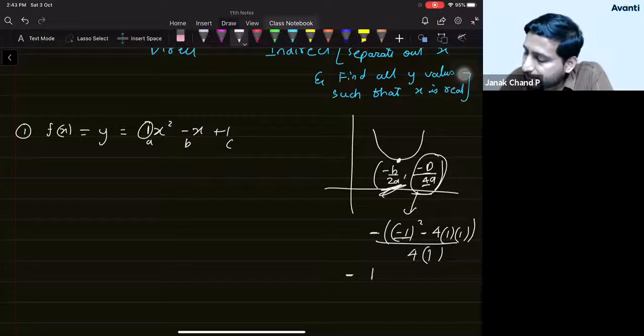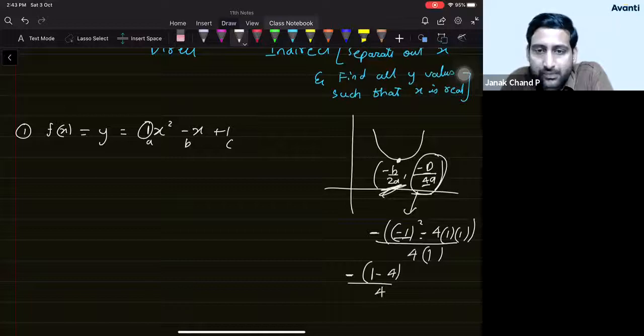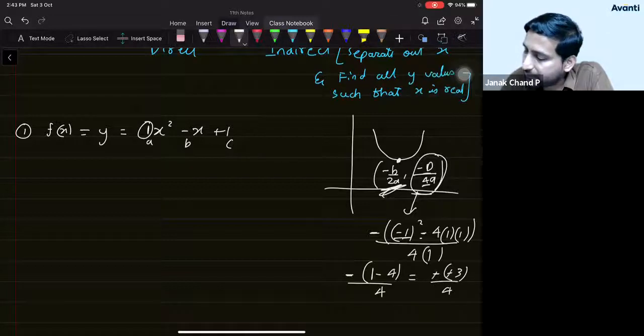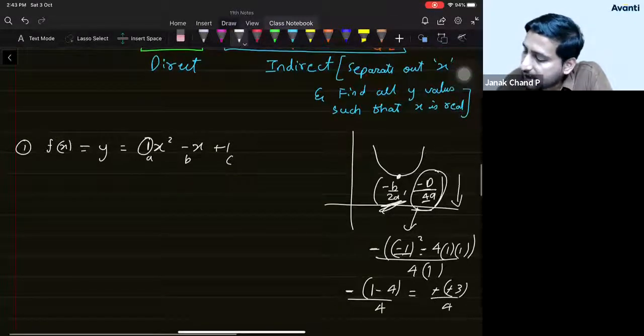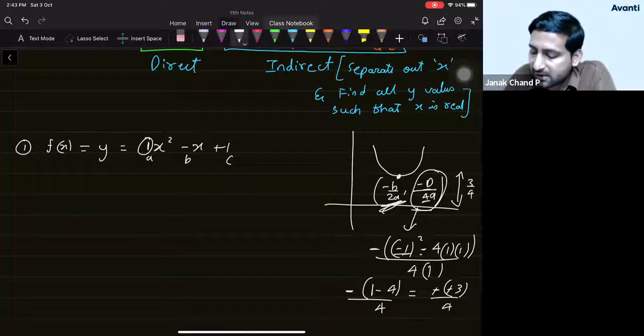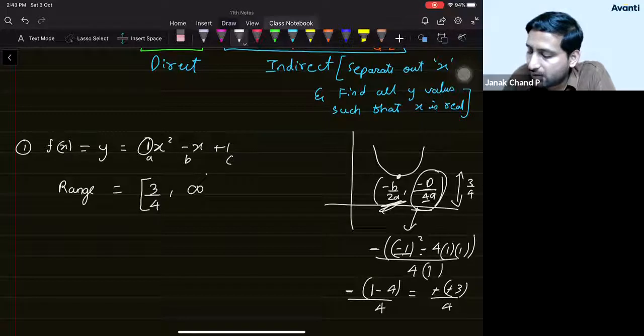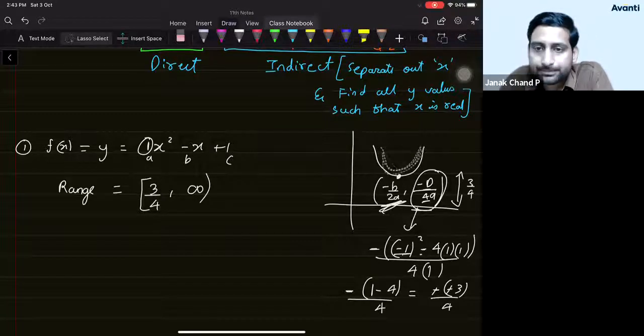This will be 1, and there will be minus 4 here, divided by 4. So this will be minus of minus 3 divided by 4, which will be 3 by 4. That means this height is 3 by 4. So we can directly say that the range is given by 3 by 4 up to infinity. Yes, including 3 by 4 because obviously that point is included in the graph.